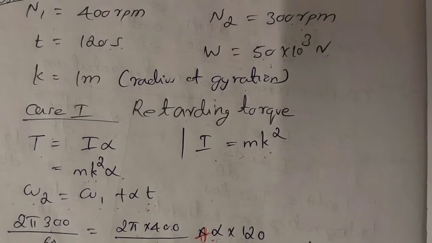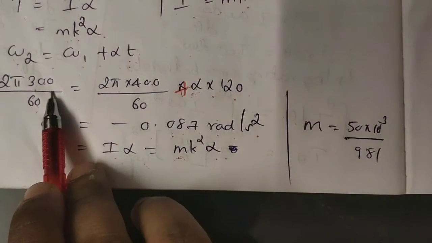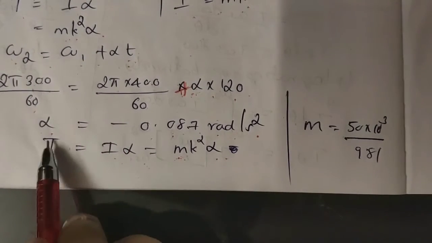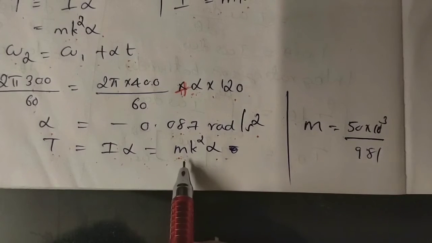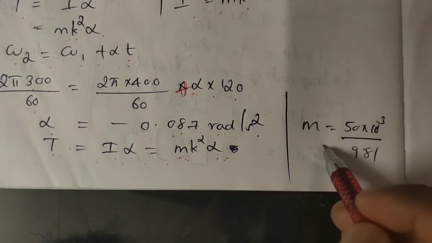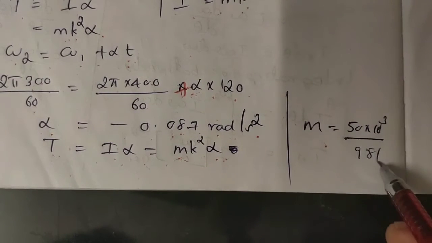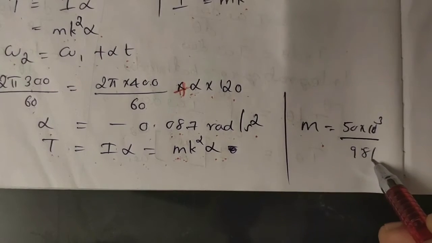For the second part, we already discussed that T is equal to I alpha, where I is equal to mk square, so T is equal to mk square alpha. What is m? That is mass. Converting from newton to mass, m equals weight divided by 9.81.